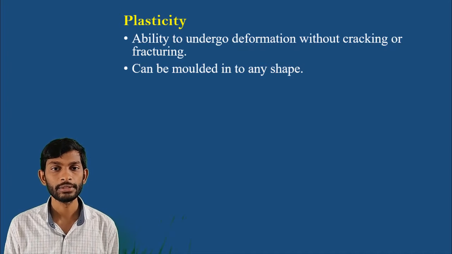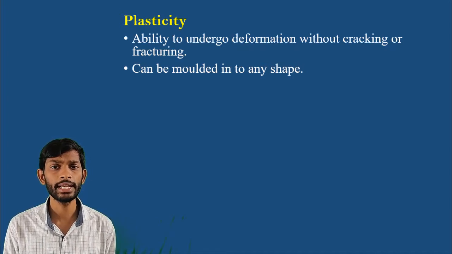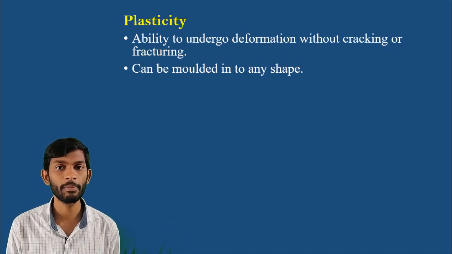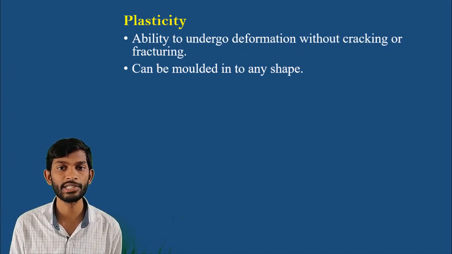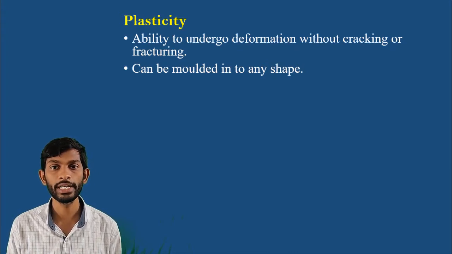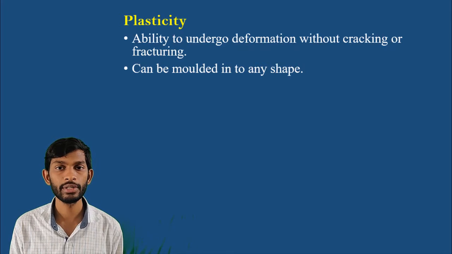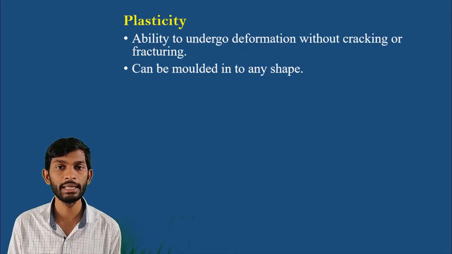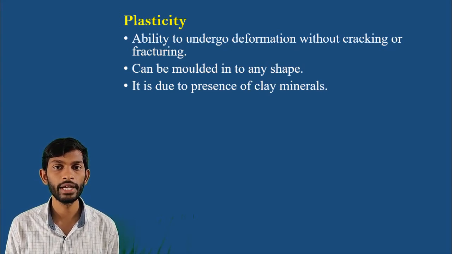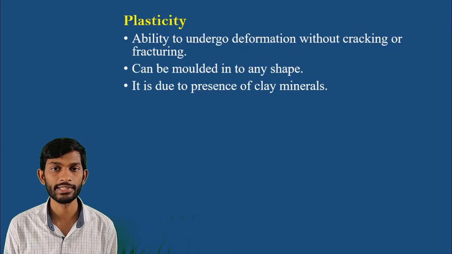Now coming back, here the clay can be molded into any shape. That means all the plasticity properties exhibited by different soils, they can be molded into any shape. So remember, if a sample of any soil is exhibiting plasticity properties, it means it can be molded into any shape of our convenience.